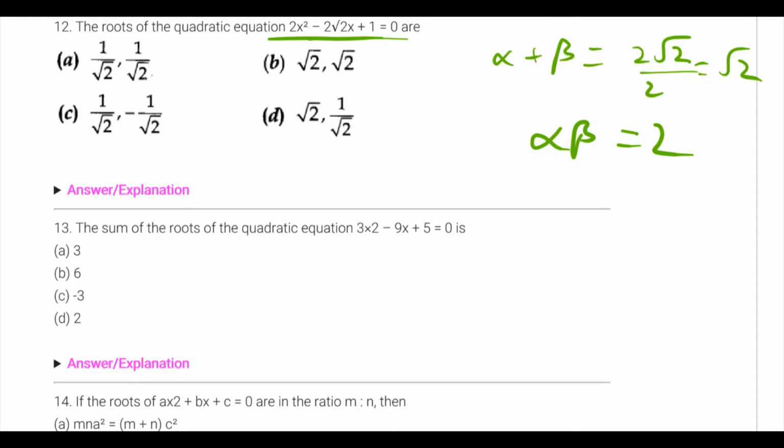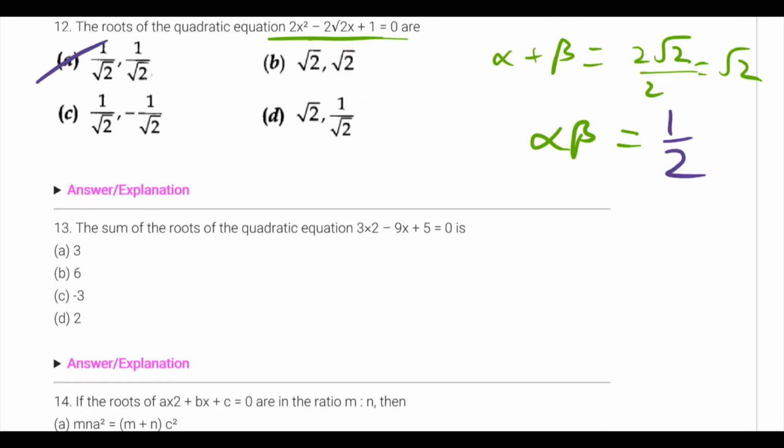Even for option B, the sum of the roots equals 2 root 2, which is not satisfying. I'm sorry, this alpha into beta equals 1 by 2. So option A satisfies.